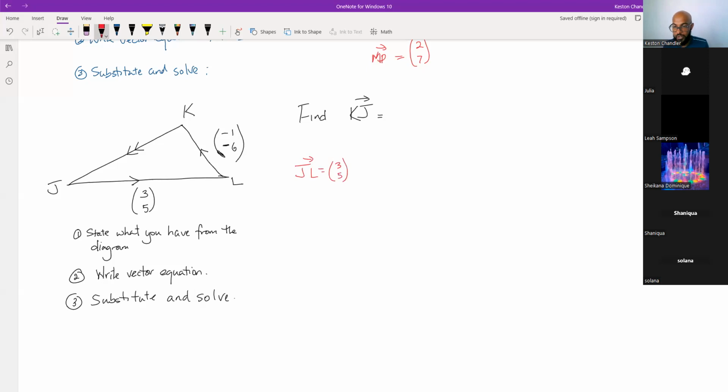Pay attention to the direction of the arrow. LK, -1, -6. Right? We want to find KG. Vector equation, we start at K, and our common point is the L. So K to L, and then L to G. Right? So we're starting at K, ending at G. Always double check to make sure your vector equation lines up like that. Then we look here.